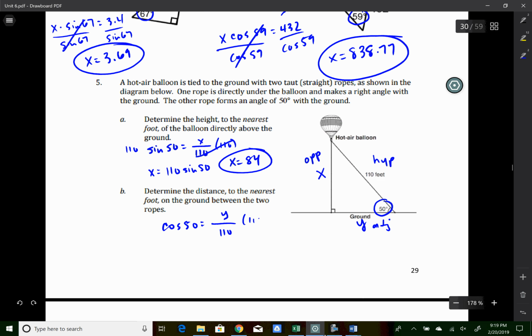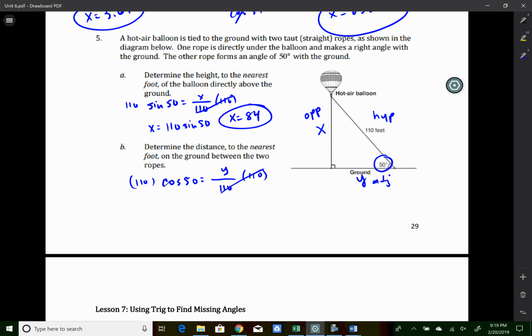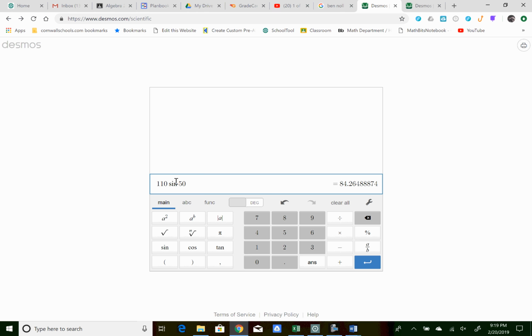Just like we did with the sine function above, we'll multiply both sides by 110 to get rid of the fraction. So then I know that y is equal to the cosine of 50 times 110. So then y is, again, to nearest foot. Let's go to our calculator. And we have 71 feet.